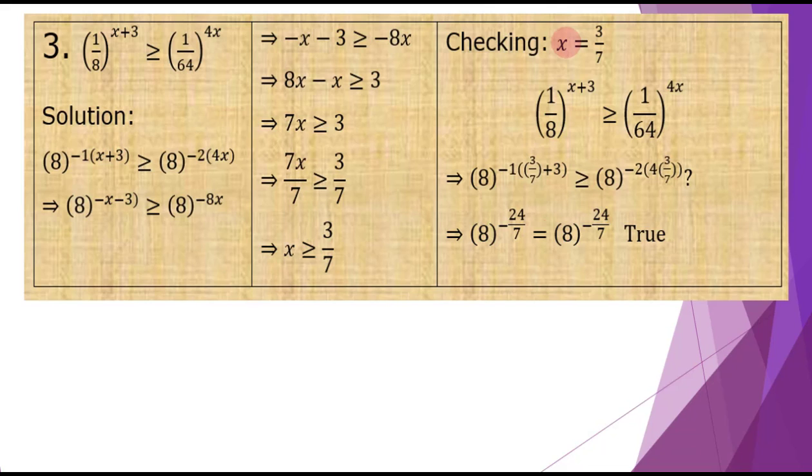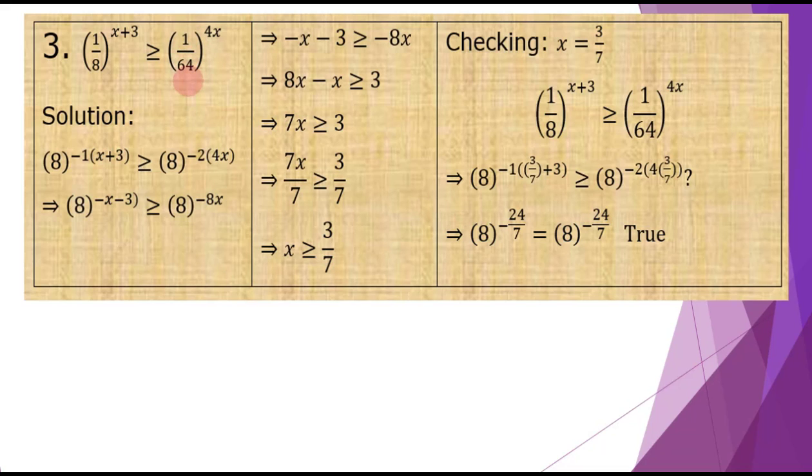Now if we choose values of x in such a way that it's greater than 3 sevenths, say for example x equals 1, let's see here, 1/8 raised to 1 plus 3, that's 1/8 raised to 4. Is it greater than 1 over 64 raised to 4? Well, 1 over 8 squared here, then obviously we will have a negative exponent if we have here 1/8 as the base.